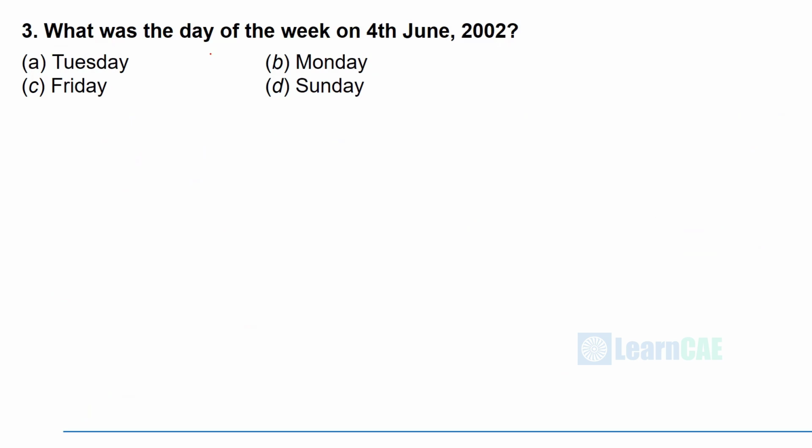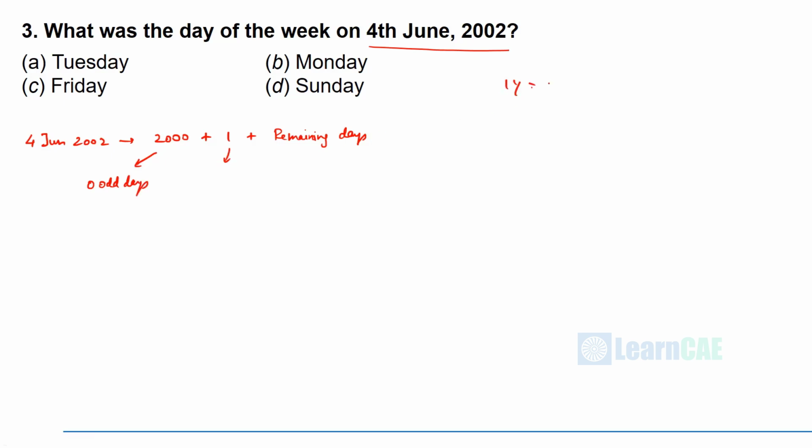Next question. What was the day of the week on 4th June 2002? So we can write 4th June 2002 as 2000 years plus 1 year plus remaining days. Okay, we know that 2000 years has got 0 odd days. In 1 year, let us find out the number of odd days.